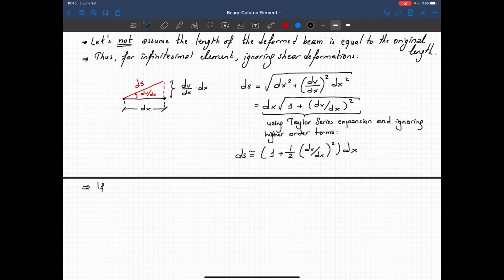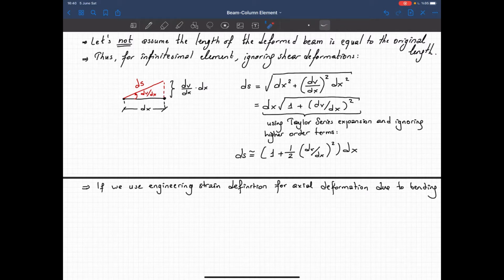Then if we use the engineering strain definition for axial deformation due to bending, remember that here I consider the length change. So if there's a length change, then you can say that there's an axial deformation.